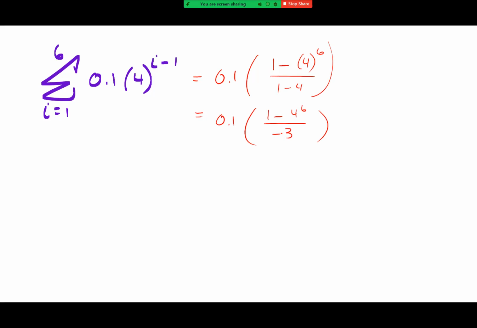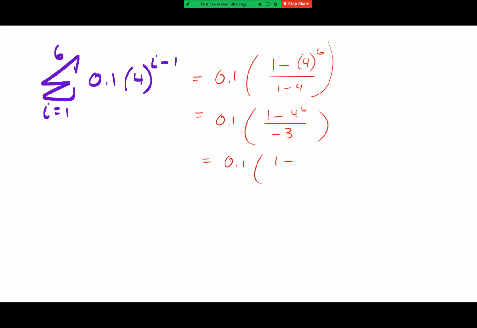over 1 minus 4, which is -3. 4 to the 6 is 4096, I think. Okay, just that piece though, right?